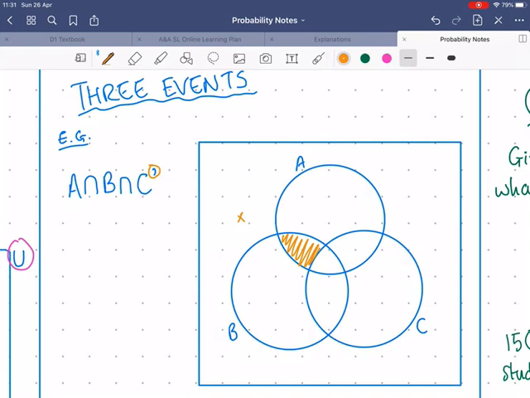Well, that wouldn't be in A and it wouldn't be in B. Here, well, it is in A and it is in not C, but it's not in B. And you could go on and test every region if you really wanted to, and you would find that it doesn't satisfy some part of this description. And the orange shaded section is the only one that's in A, it's in B, and it's not in C.